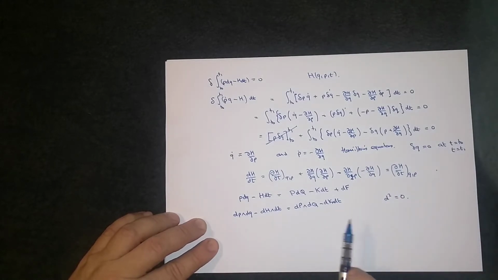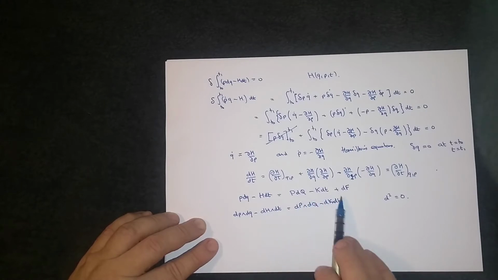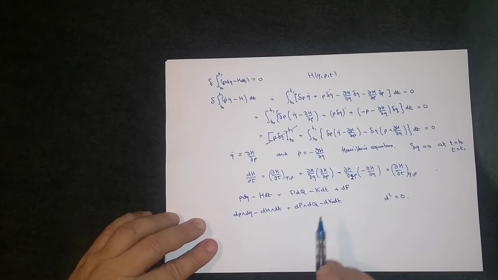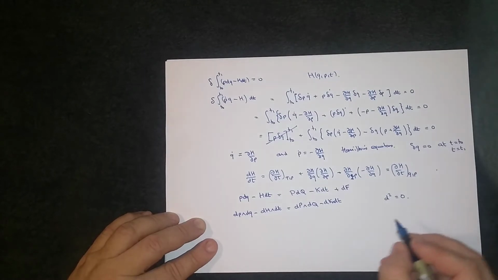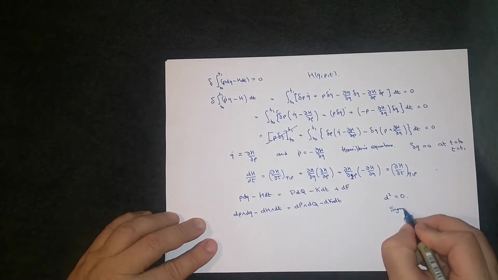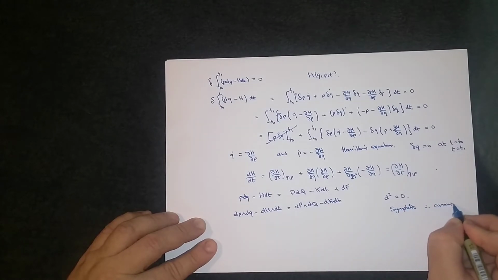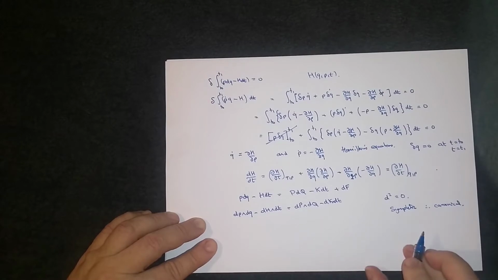Just put a wedge there. This is the symplectic form on the extended phase space in variables q, p with Hamiltonian h, and this is the similar thing in the variables capital Q, capital P, Hamiltonian k. So this shows that the symplectic form is preserved under this transformation. So this is symplectic and therefore canonical.